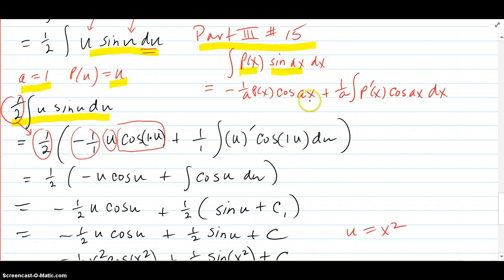Now I'm not making a substitution here with x and u, I'm just following the form. This is just a form of what we're doing. This happens to be all in u's.